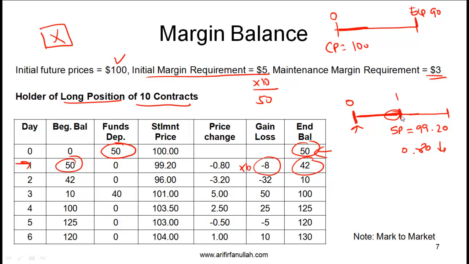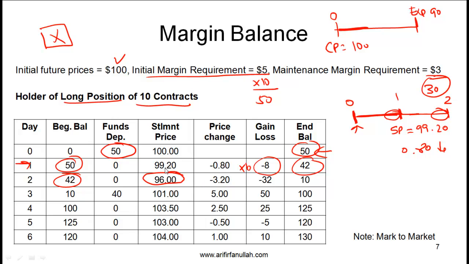You are still above the maintenance margin of $3 per contract. For your position on 10 contracts, you can think of your maintenance requirement as being $30. You are still above $30, so you don't need to deposit any funds. Let's say that on day 2 the price goes down further. So based on the last few trades on day 2, let's say the settlement price is 96.